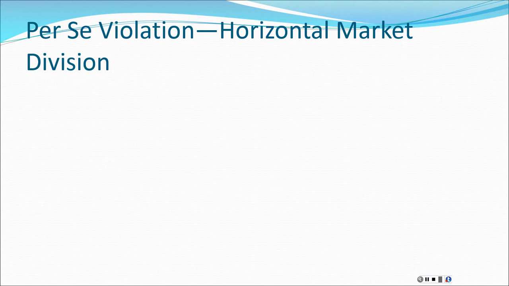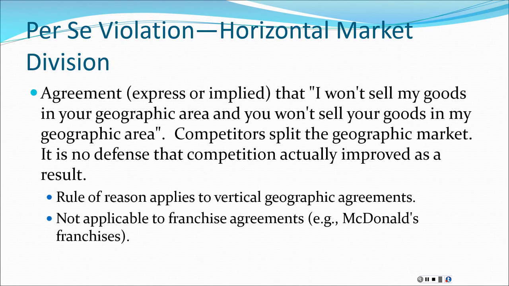The second per se violation is horizontal market division. This is similar to price fixing. Here the agreement, whether it's express or implied, and the express or implied agreement also applies to price fixing, is that I won't sell my goods in your geographic area and you won't sell your goods in my geographic area.